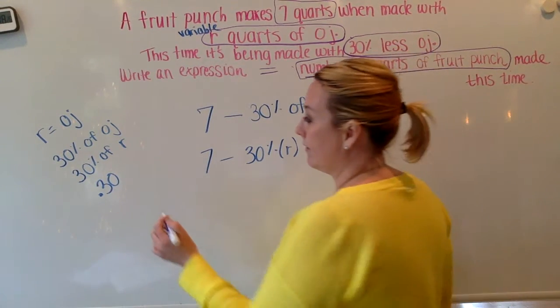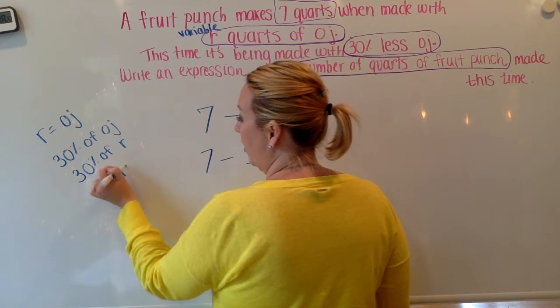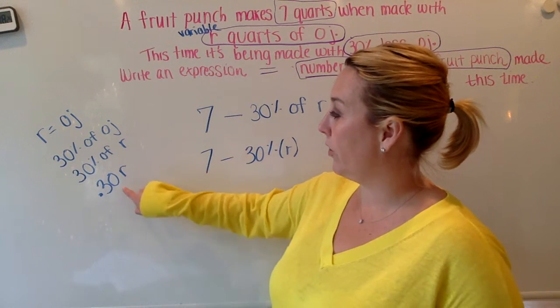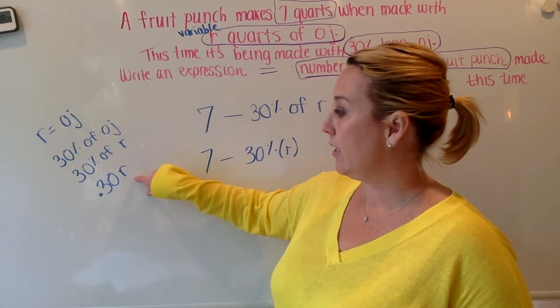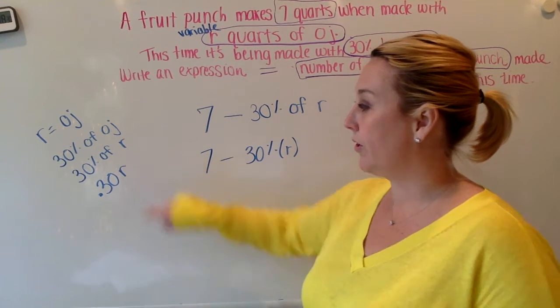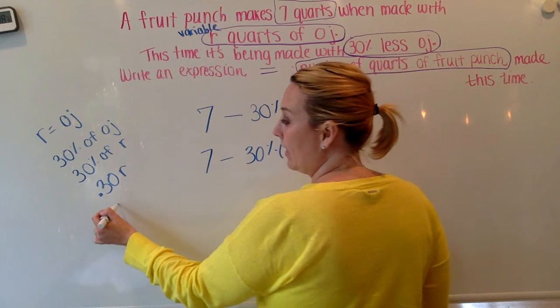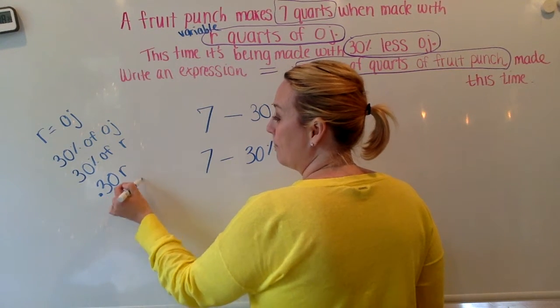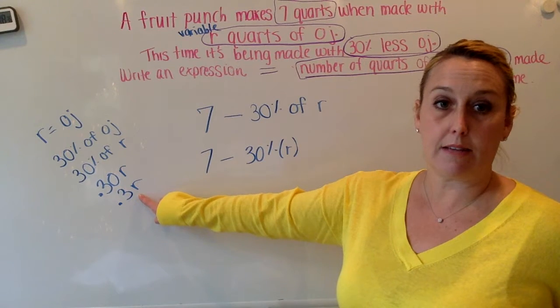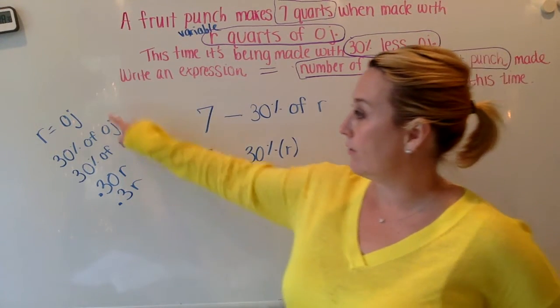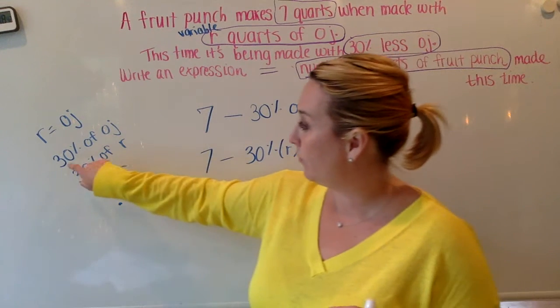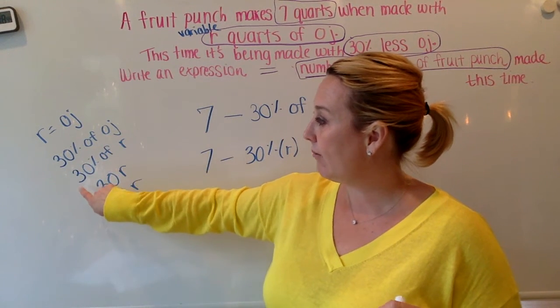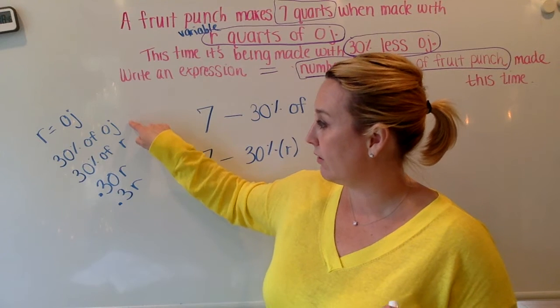30 hundredths R. Now I've gotten rid of my word. 30% times R, 0.30 R or 30 hundredths R. And then I even know I can say that 30 hundredths is the same as 3/10. So see how I've kind of whittled this down and whittled it down? I started with 30% of OJ. All right, well, that's 30% of R because that's our variable.